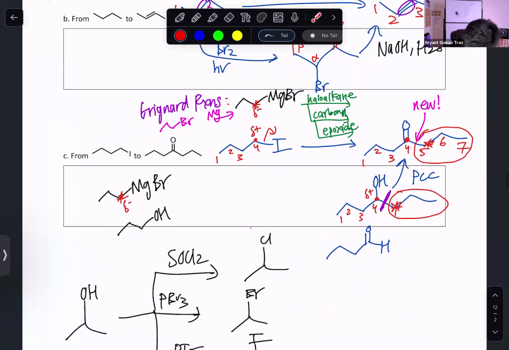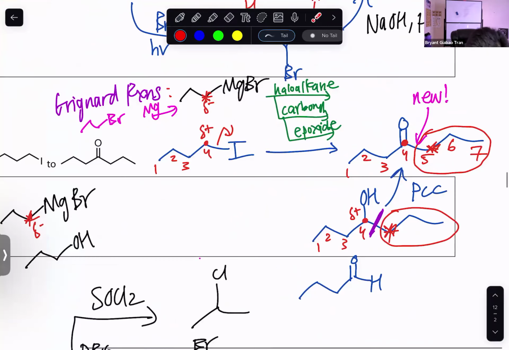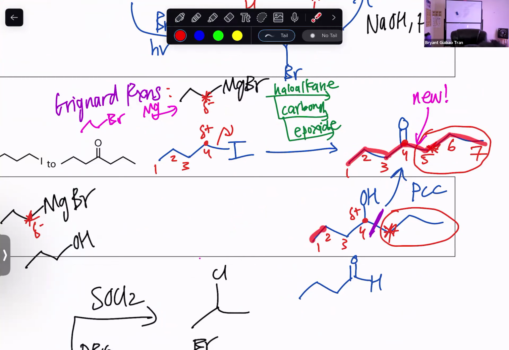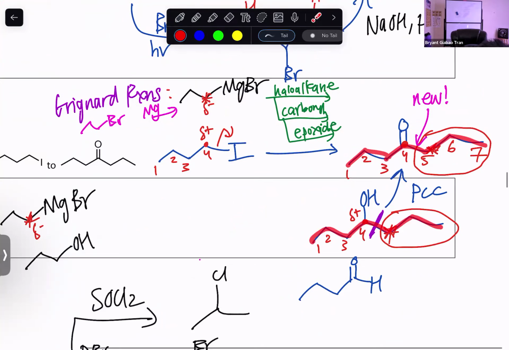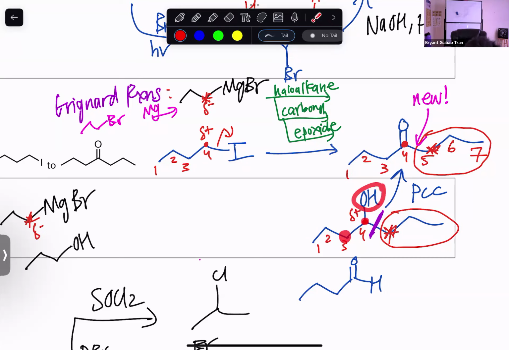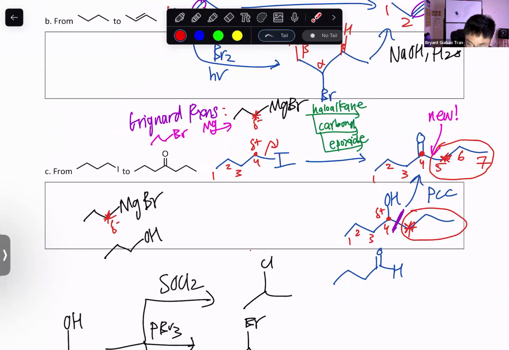Yeah, so this is a secondary alcohol and not primary because the chain here is going to be extended where the alcohol is in the middle of that chain, in the internal side of the chain, where this carbon attached to the alcohol is bonded to 2 other carbons, 1, 2. And because it's attached to 2 other carbons, this is considered a secondary alcohol.